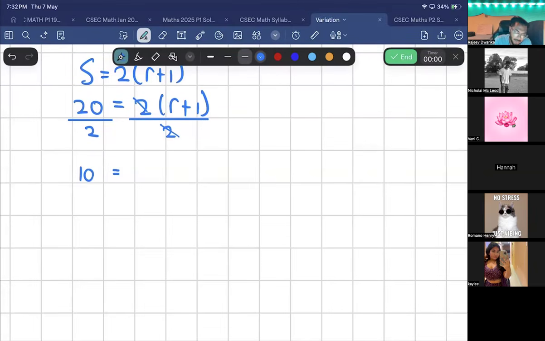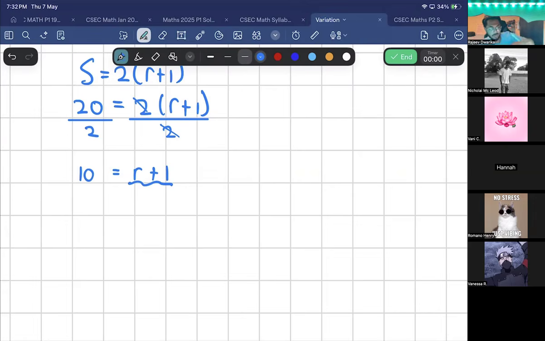Bye. Bye bye. And you get R plus 1. And so we're trying to find R. If you're trying to find the unknown, you need the unknown to be the only thing on whichever side you decide. So let me just say we want R to be the only thing over there. If I want R to be the only thing over there, what do I need to do?